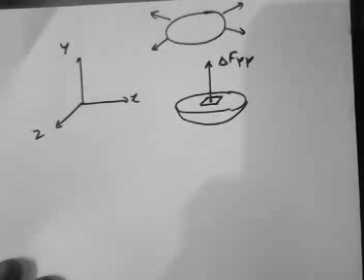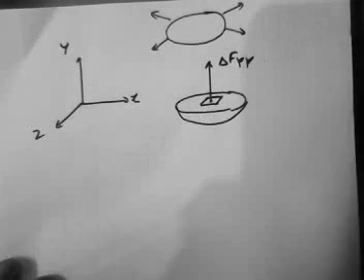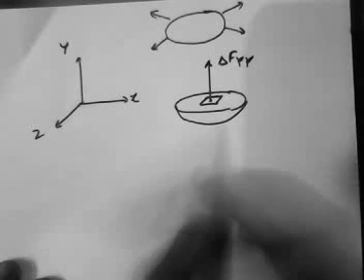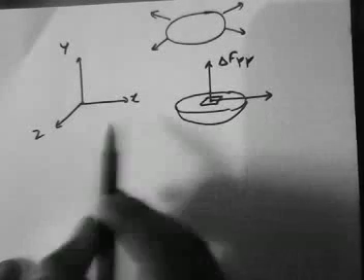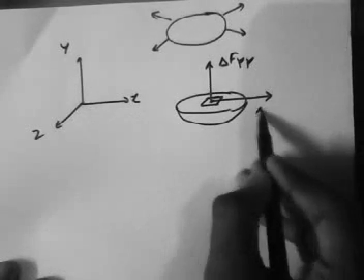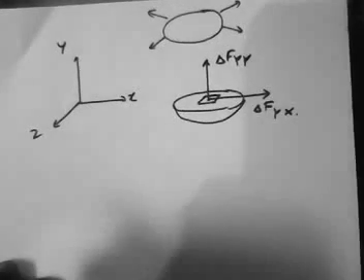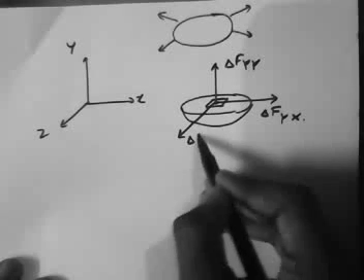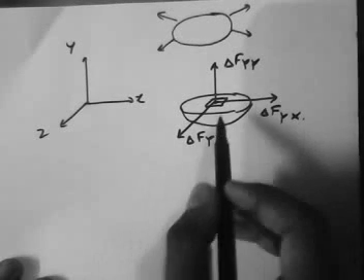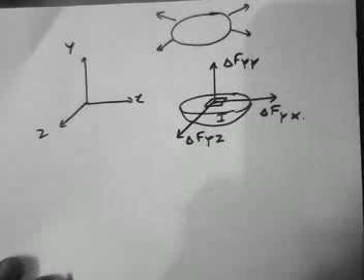So the three basic forces in three basic directions will be, one in the y direction, same thing, delta Fyy, because y is the plane which is cutting, and the direction of force is denoted by the second subscript. Same thing for a shear force that will act in the positive x direction, that is delta Fyx.